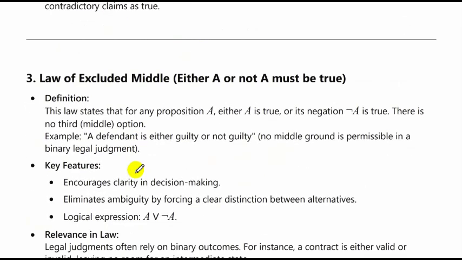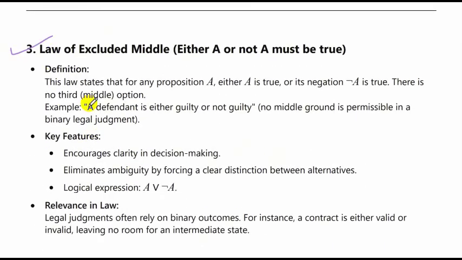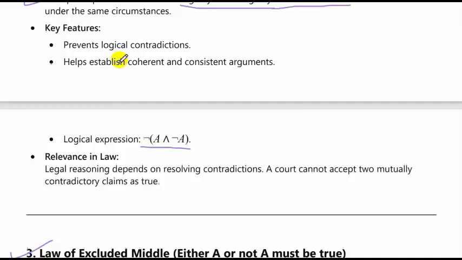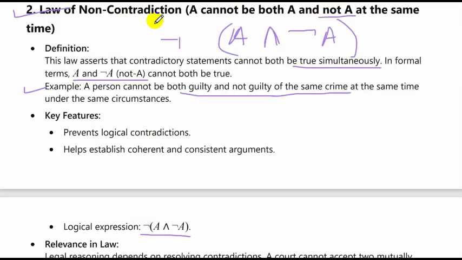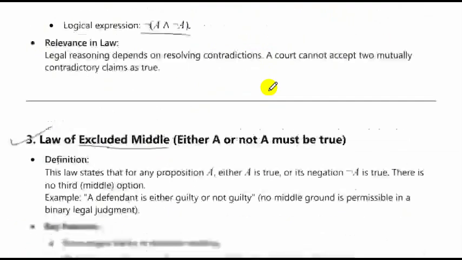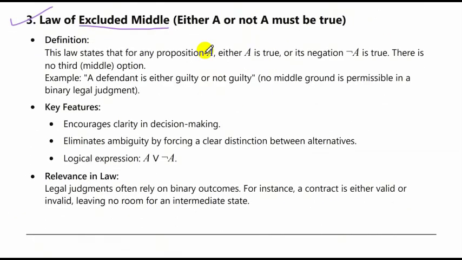Next, let's move on to the third one, which is the law of excluded middle. Either A or not A must be true. Either one of these must be true. Earlier when we talked about non-contradiction, we stated that A and not A cannot both be true, and in this we are saying that either A has to be true or not A must be true.